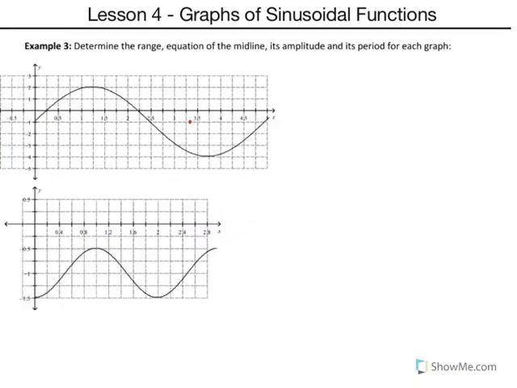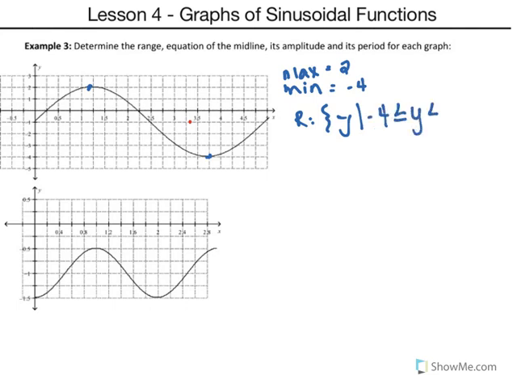Alright, our last example, determine the range, equation of the midline, amplitude, and the period for each graph. So to find the range, we need our maximum and our minimum. So it's between 2 and -4. So our range is y such that -4 is less than or equal to y, less than or equal to 2.